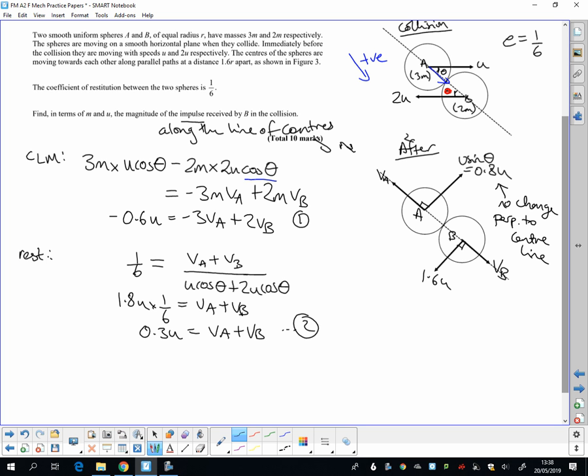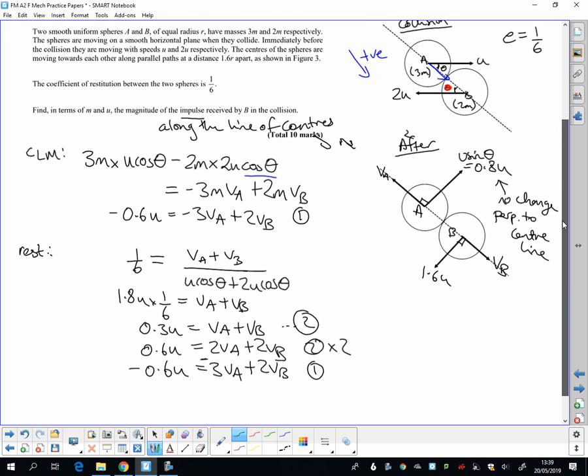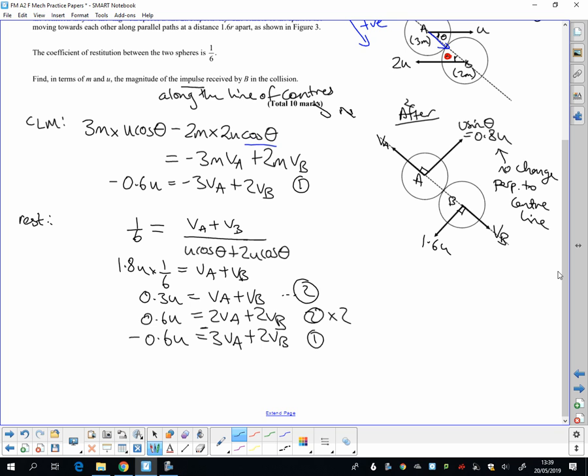Now I want to solve these two simultaneously, so I'm going to multiply my second equation by 2. Then I can bring down my first equation. That was equation 1. And now, if I subtract those two, the velocity of B's will cancel out.